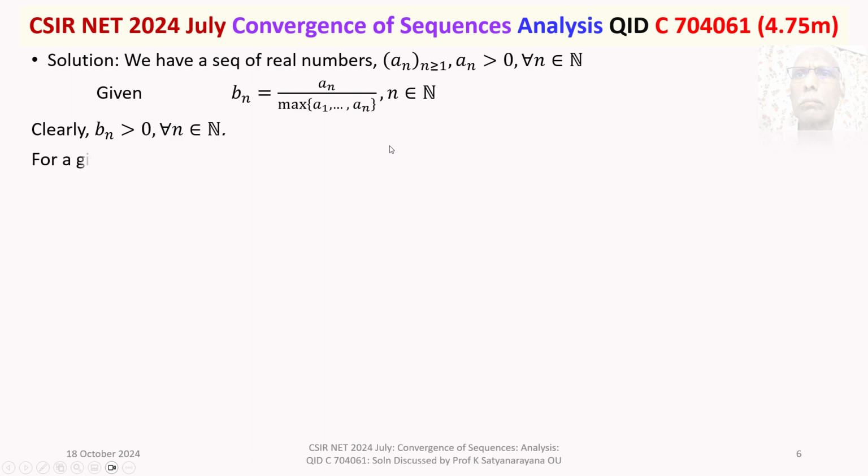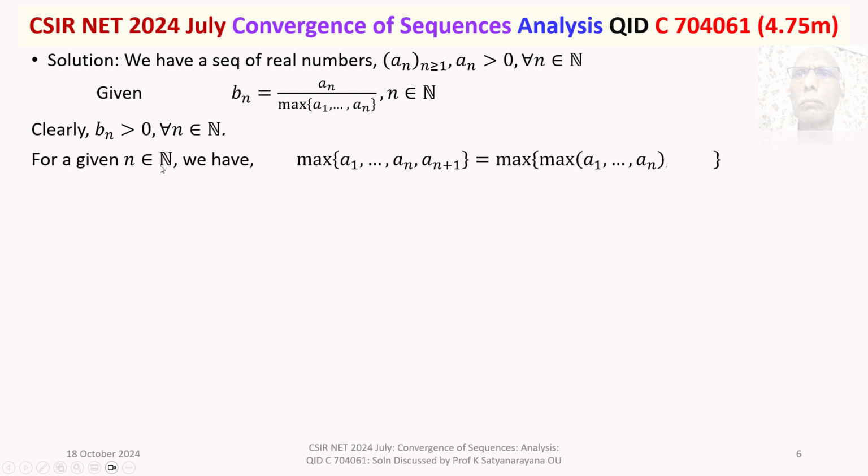For a given natural number n, we have the maximum of a_1, a_2, ..., a_{n+1}. The maximum of the first n+1 terms is equal to the maximum of, in brackets, the maximum of the first n terms a_1, a_2, ..., a_n, comma, a_{n+1}.